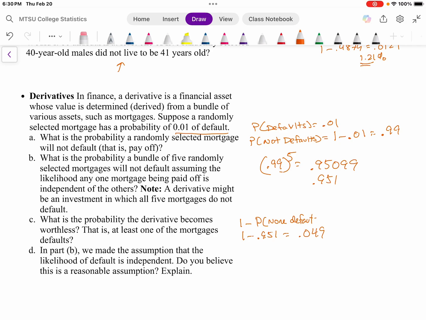My knowledge of investments and portfolio things is kind of limited, but the mortgage market did crash years ago with a bunch of different bad loans, so I would say that they weren't independent. Just from my thinking, I think they're more dependent based on how things are going, but we would have to dive in and do a little bit more research if we wanted to be fully informed on it.